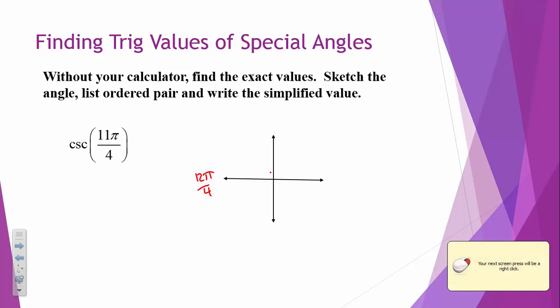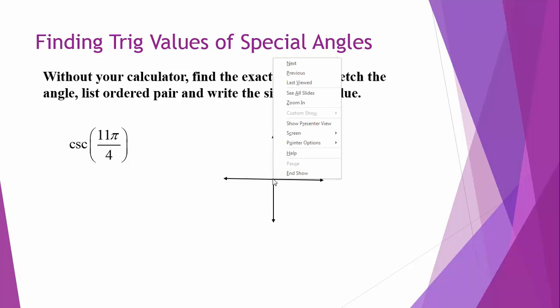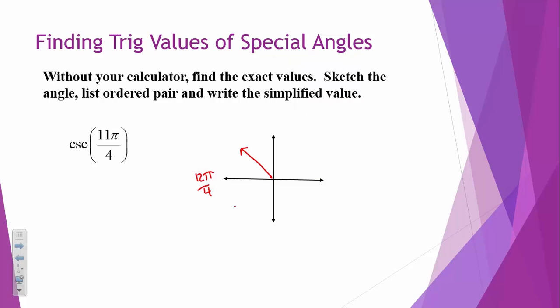So if I'm going around in the positive direction, 11 pi over 4 will be here, because remember we're going in the positive direction. 12 pi over 4 puts me here, so 11 is a little bit less than that. Reference angle is pi over 4, so negative radical 2 over 2, positive radical 2 over 2.